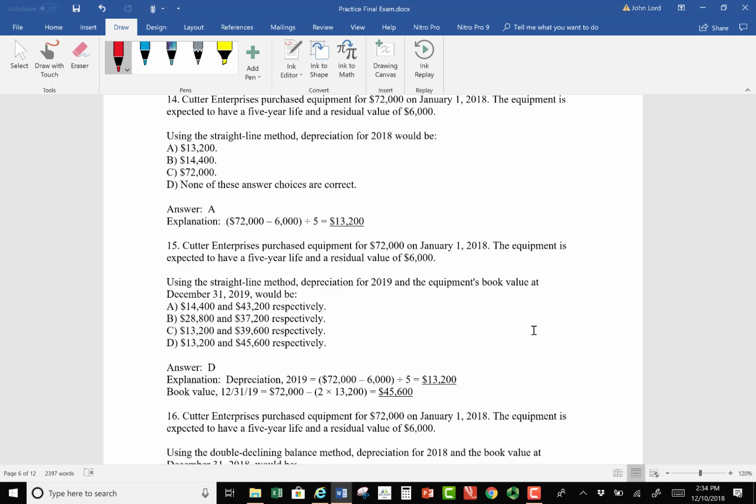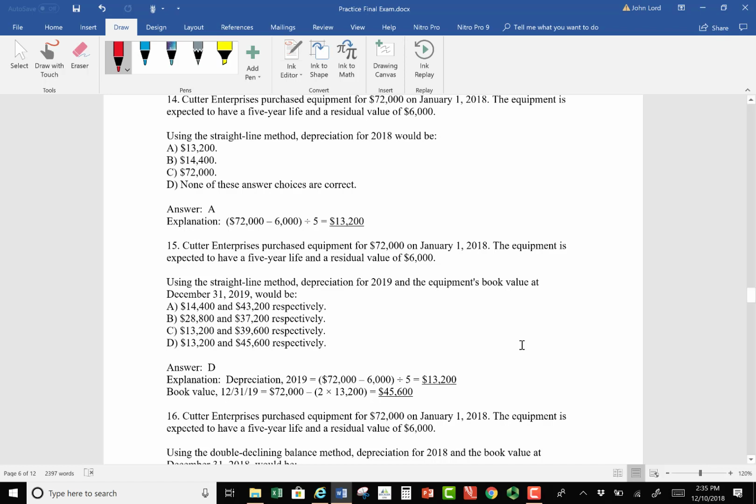All right, so using straight line depreciation, the equipment's book value at December 31st, 2019, and the depreciation is 13.2. The book value is going to be what? How many years of depreciation did we do here? They're asking me at 2019, so I would have had to take 2 years' worth of depreciation, right?